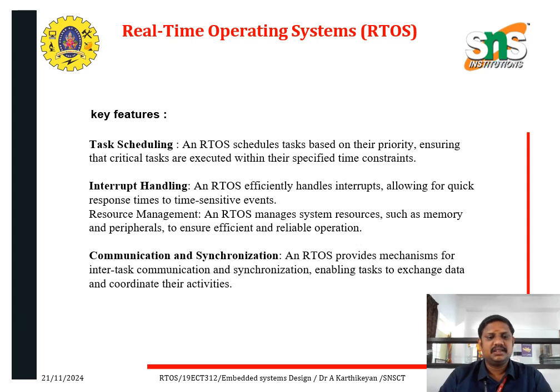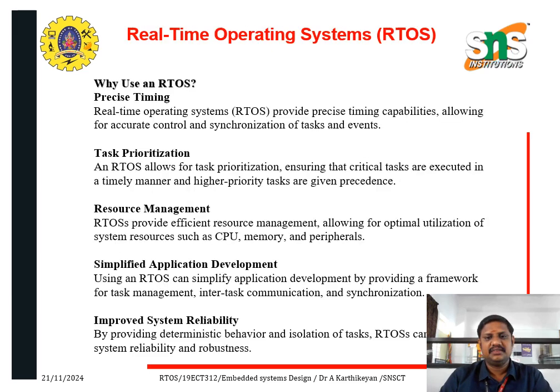Interrupt handling handles interrupts, allowing quick response to time-sensitive events, and also uses system buses such as memory and other peripherals to ensure efficient real-time operation. Communication synchronization provides mechanisms for tasks to communicate, exchange data, and coordinate their activities. These are the important key features of the RTOS.